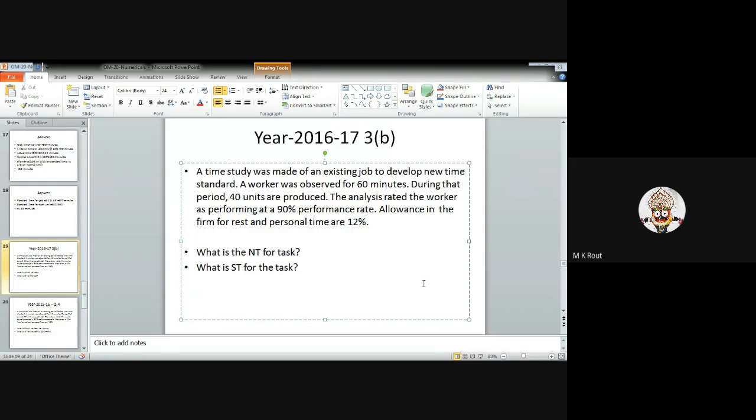In the next class, we will solve this one. It is exactly 60. And the performance rating given is how much? Just note down the data: 90. And what is the actual number of units produced? That is 40. Allowances is given as 12%. You can use both today's class formula as well as previous session formulas to solve this type of problem. Is it clear?